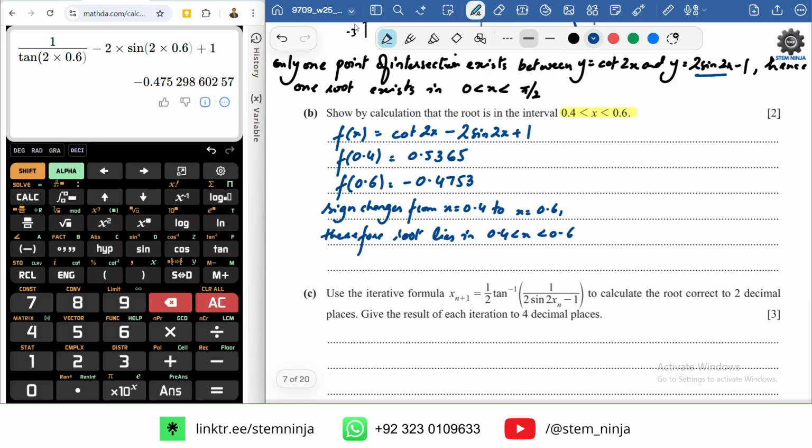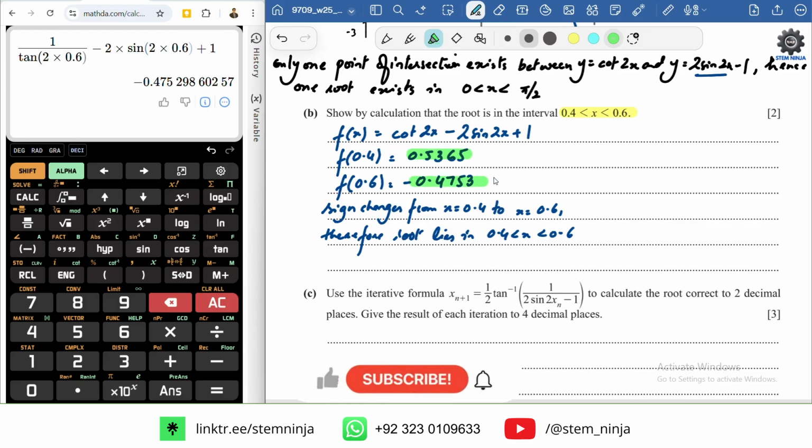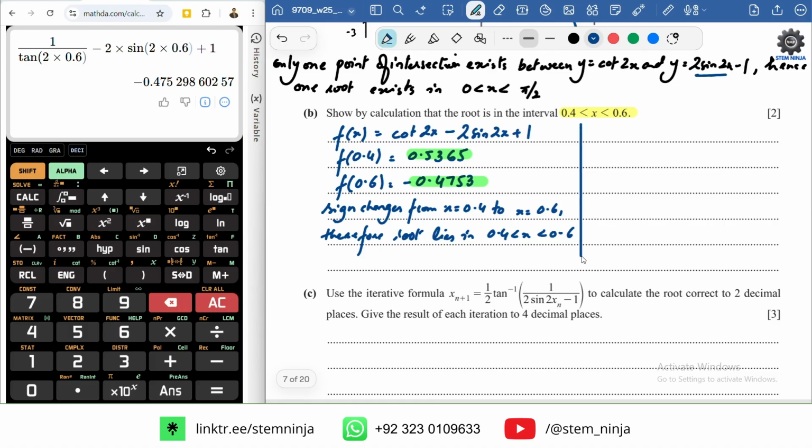Now notice one thing: these values might seem small, but there is actually a huge difference between them. So we can narrow this range down further by using bisection of the range.